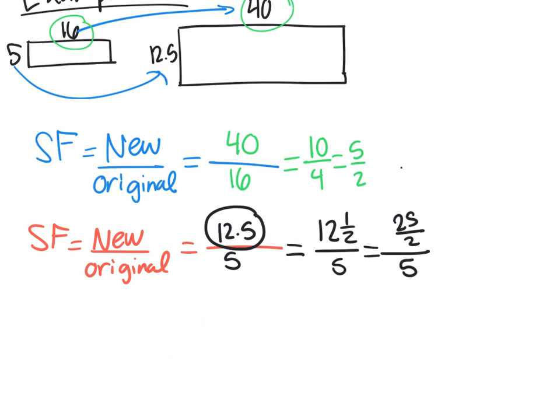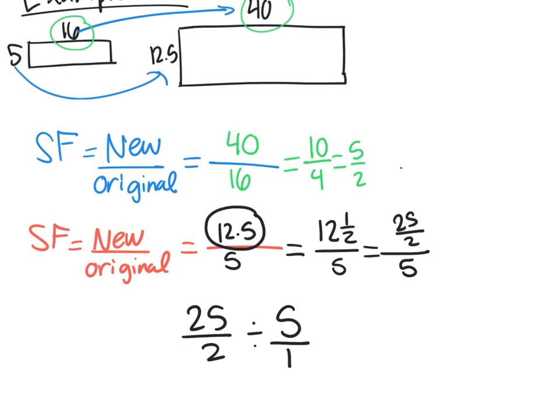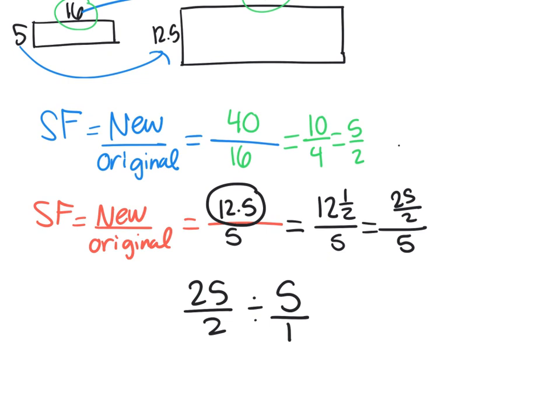We've practiced how to divide a fraction by a whole number, so instead I'm going to rewrite it underneath and say 25 over 2 divided by 5. And whenever I divide by a whole number, I need to make it into a fraction first, so I'm going to put a 1 underneath it. And then if I know that I'm dividing by a fraction, I need to keep, flip, change, so I'm going to keep my first fraction, 25 over 2, flip my second fraction, make it 1 over 5, and multiply.